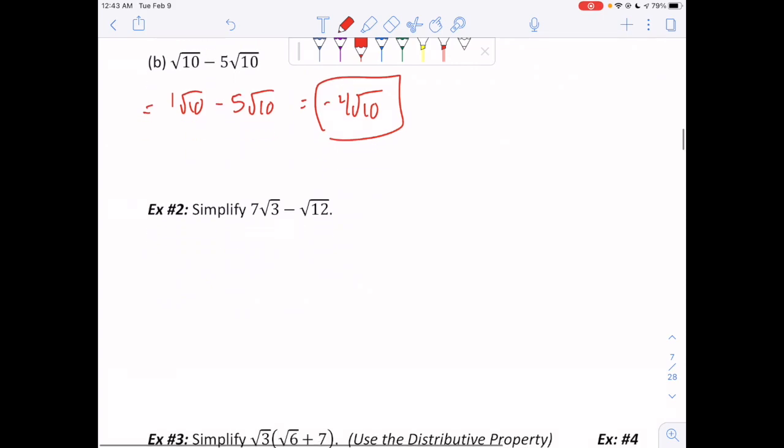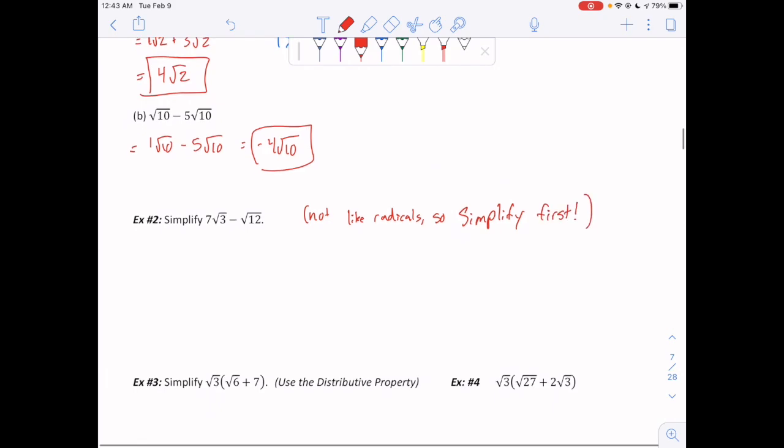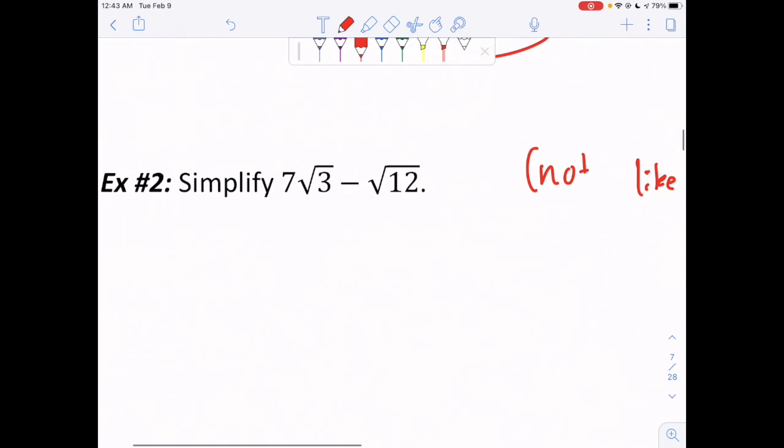Oh, check this out. Simplify 7 radical 3 minus radical 12. So these are not like radicals. So what you have to do is simplify first. So in this case, radical 12, we should know how to simplify this. Two numbers, 4 and 3. 4 is that perfect square.